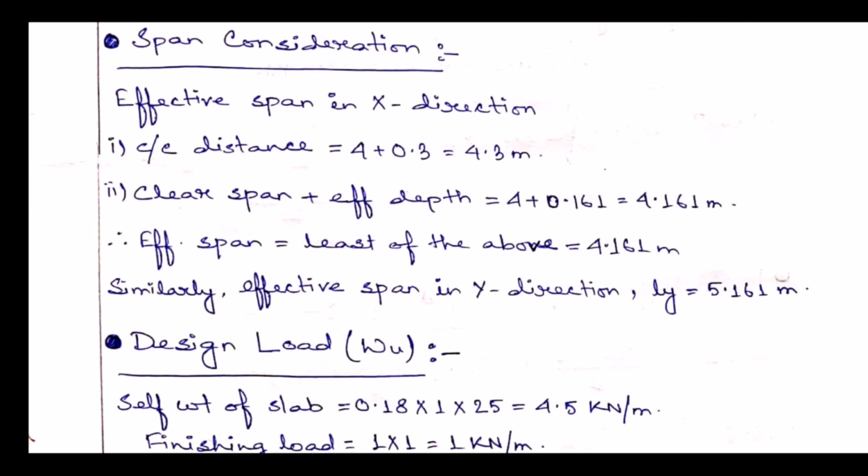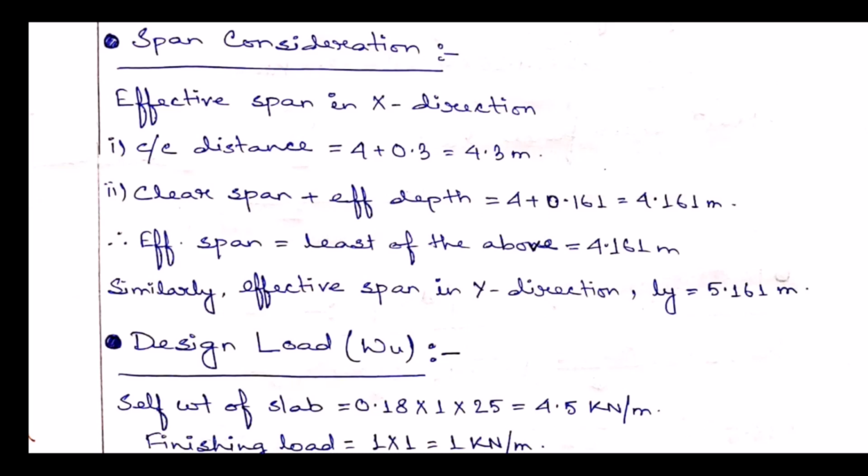Next step is span consideration. As two spans of a two-way slab are in consideration, we have to find the effective span in the x direction as well as in the y direction.